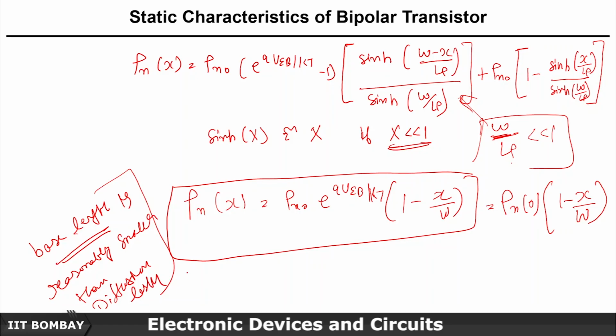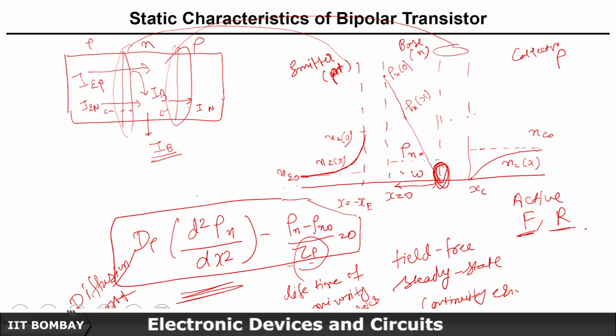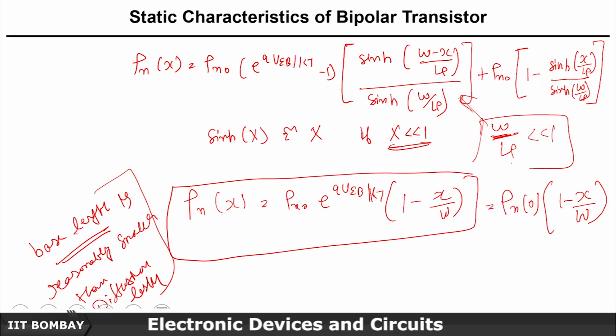And as you can see, this is a linear equation, right? So our initial assumption that the charge carrier profile would be following this path is all good. Now we have an equation representing the profile of these holes in the base region.